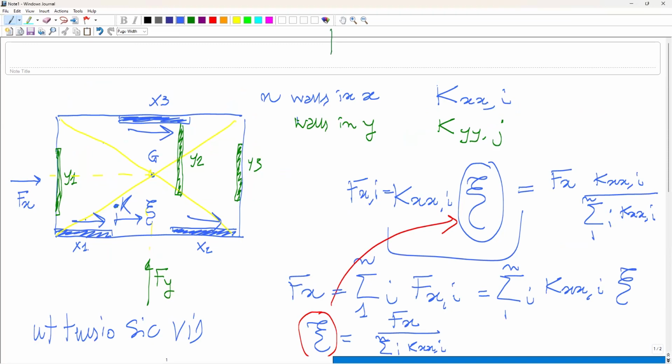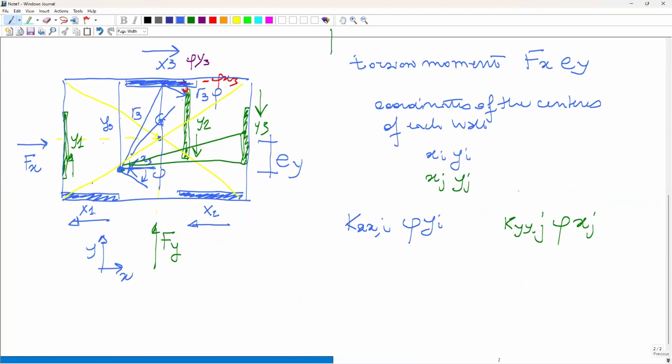This is due to the force, but because of the torsion, you see there are some walls which experience an additional contribution.